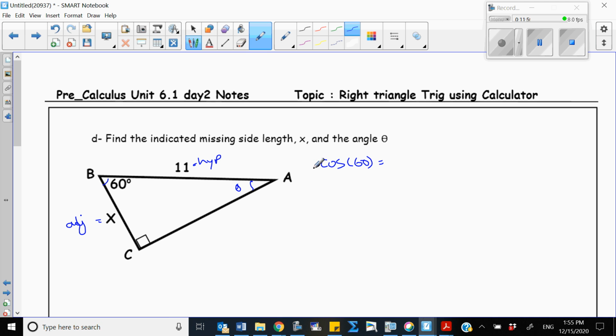Cosine of 60, which is adjacent over hypotenuse, is equal to x over 11, because x is the adjacent that we're looking for and hypotenuse is 11. Now, how do I find x this time? Once again, I'm going to put the denominator of 1 here and do the cross multiple. So x times 1, which is x, will be equal to 11 times cosine of 60.